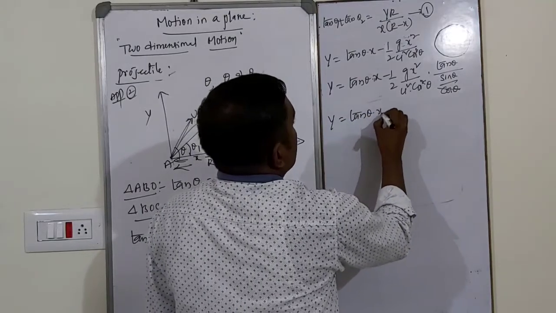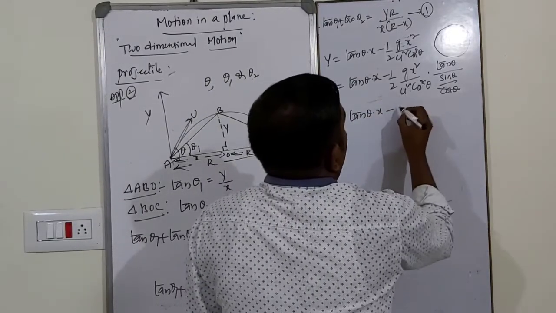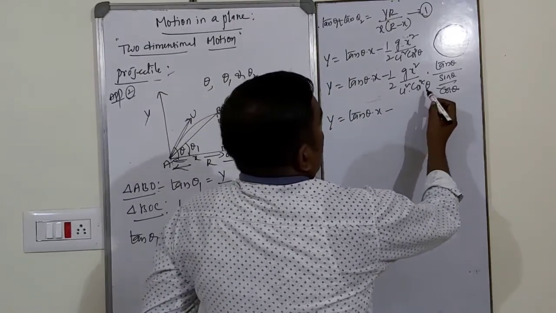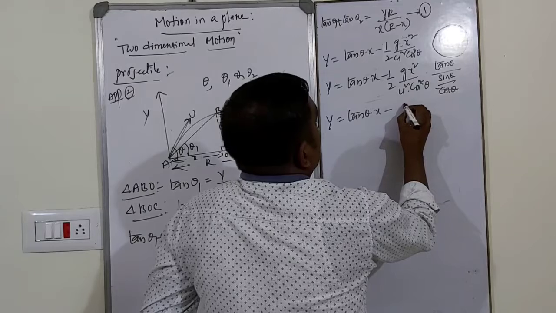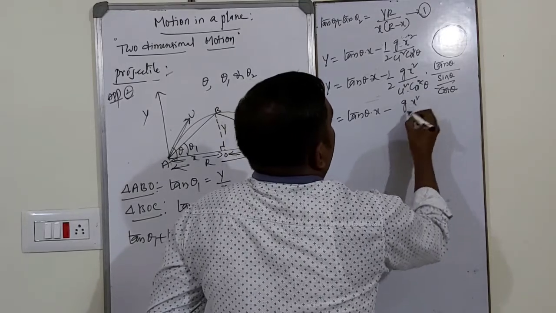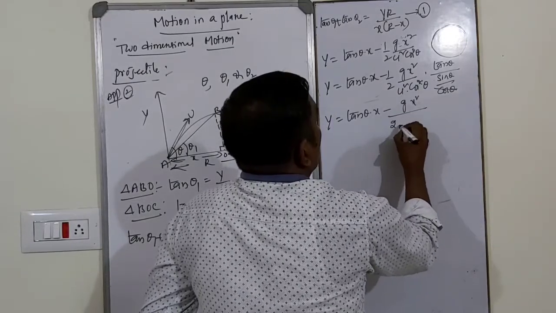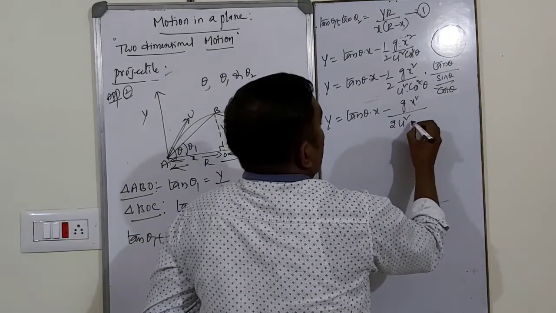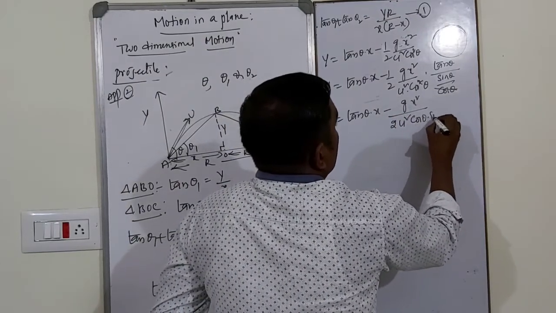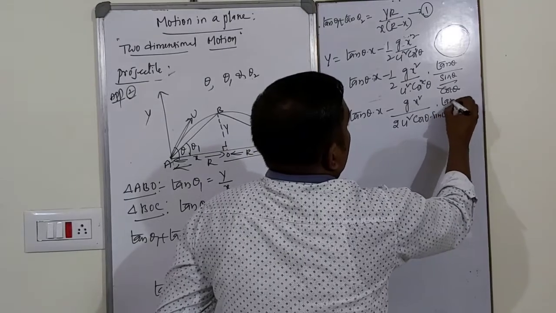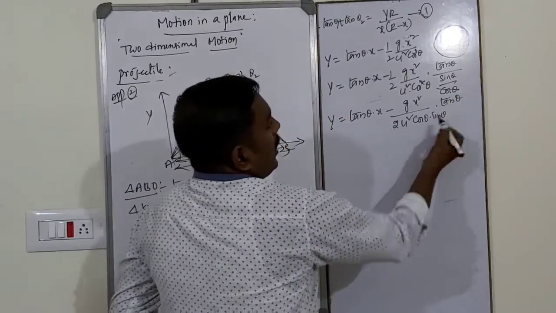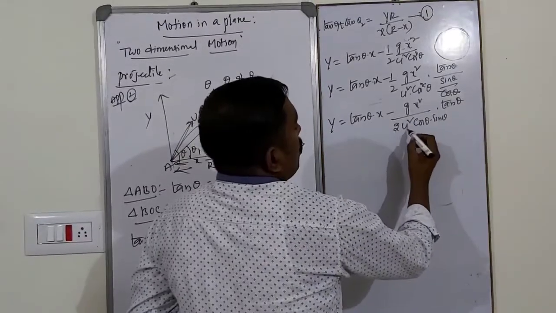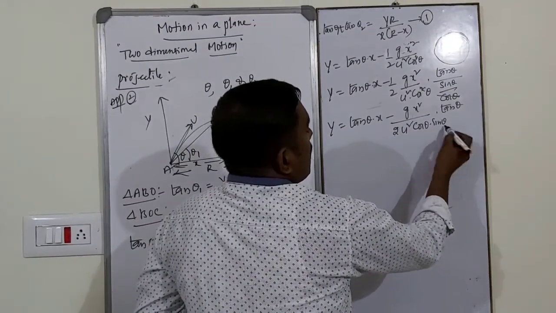Tan theta x minus, see dear students, in this case, please remember it, g x square divided by 2 u square cos theta sin theta into tan theta. 2 sin theta cos theta is nothing but sin 2 theta. So 2 u square cos theta sin theta over g is what?